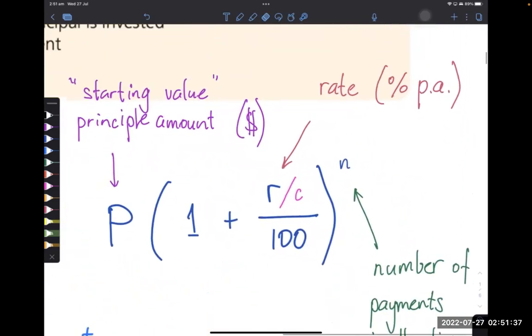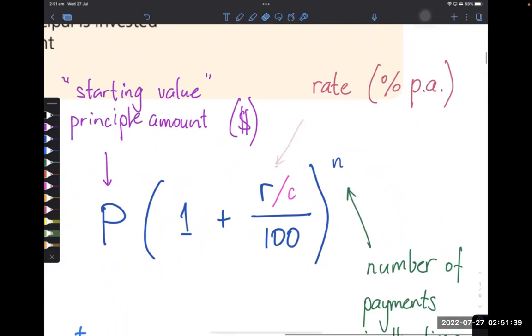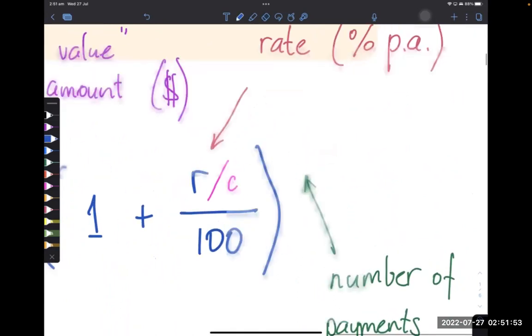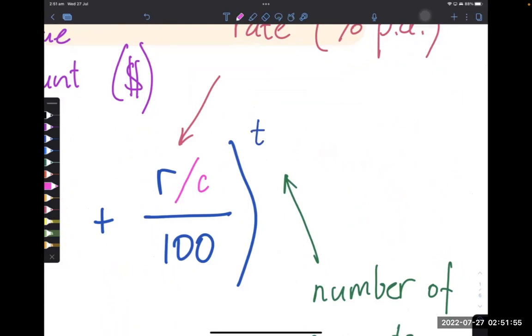You notice that we've already updated this little R divided by C section. But remember how we said N is equal to T times C. So we can actually write T and multiply it by C. Now, C is the compounding periods.